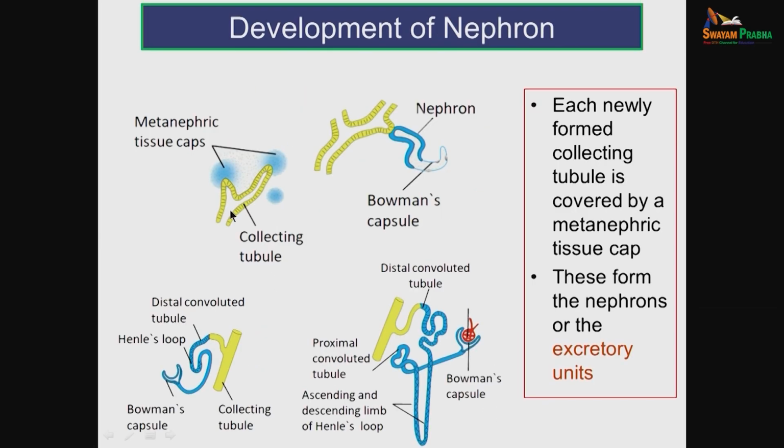As you can see from this picture, the collecting tubule is covered by a metanephric tissue cap. This metanephric tissue cap is going to give rise to the nephrons, or the excretory units. The parts developed from the metanephric tissue cap are Bowman's capsule, PCT, Henle's loop, and the DCT.